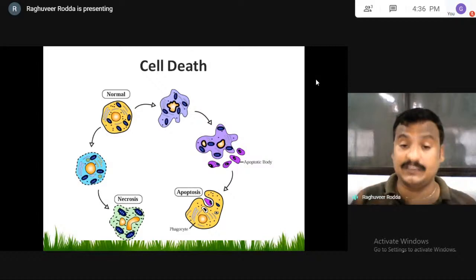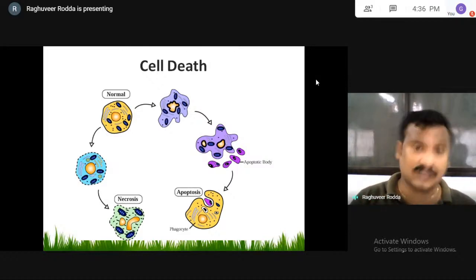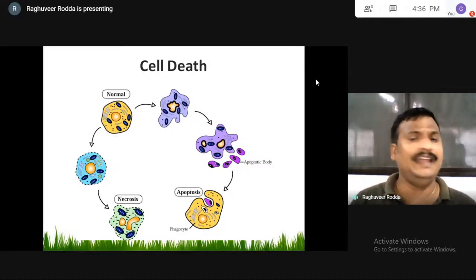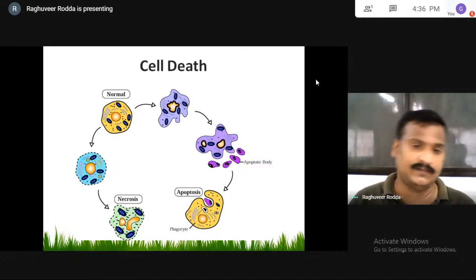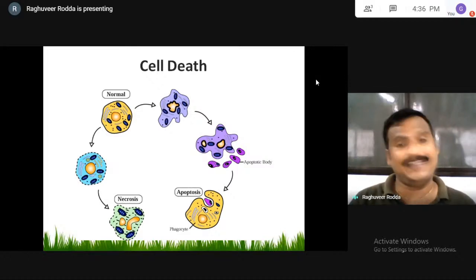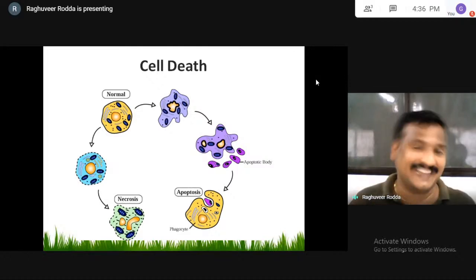Because the cell is a very tiny structure, it can withstand and adapt, and adaptations help the cell up to a certain extent, not completely.